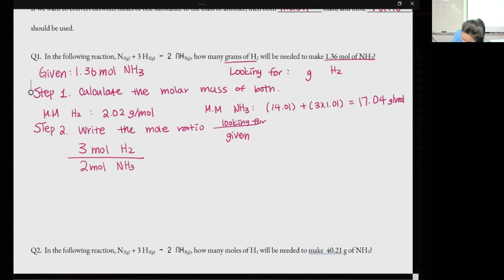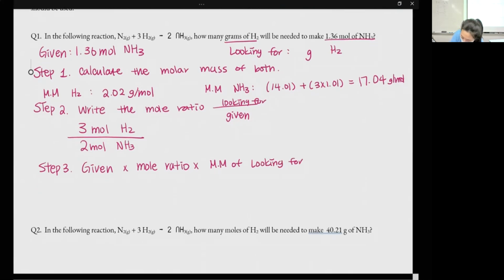And then step 3, what you'll do is given times the mole ratio times the molar mass of what you're looking for. This is how it's done.